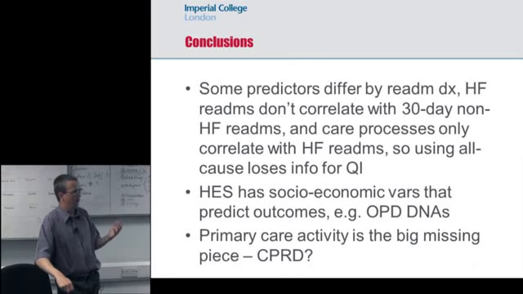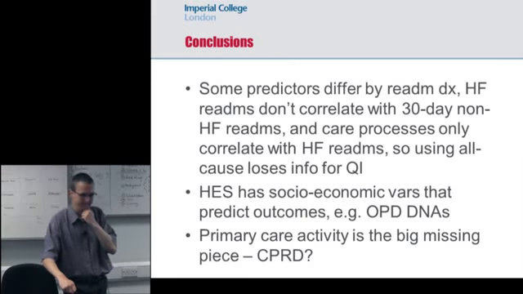For the CMS, or pay for performance scheme, that's a different scenario, and it's probably okay for them to look at 30-day all-cause readmissions. But if you're doing quality improvement, I think you lose too much information that's useful here.